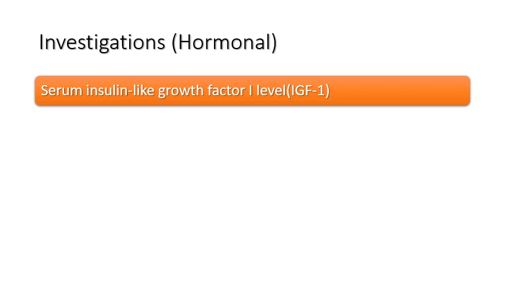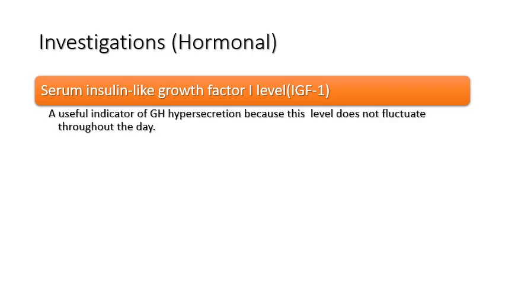How to investigate for acromegaly? If patients have these features that I discussed, these features are called acromegaly or acromegaloidism. The investigation starts with hormonal analysis. Measurement of serum insulin-like growth factor 1 is a useful indicator of growth hormone hypersecretion, and it will be increased in patients with acromegaly.